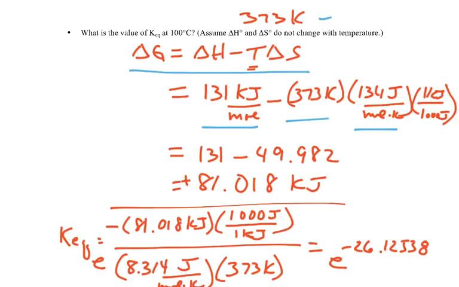So I do my math: I have 131 kilojoules per mole minus, with Kelvin and Kelvin canceling, and 1,000 joules per kilojoule. This whole expression comes out to be 49.982. So 131 minus 49.982 is positive 81.018 kilojoules per mole. Okay, so that's my value of delta G.